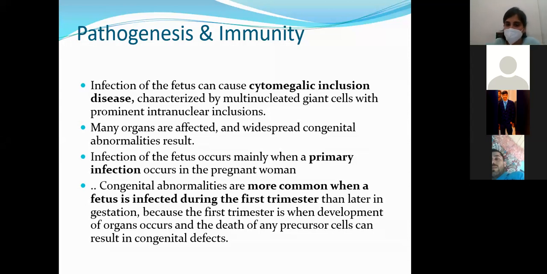Congenital abnormalities are more common when the fetus is infected during the first trimester. This is the second thing you have to remember. Number 1, infection of the fetus occurs when there is primary infection in the mother. Number 2, congenital abnormalities are more common when the fetus is infected during the first trimester, because organogenesis takes place mostly in the first trimester.